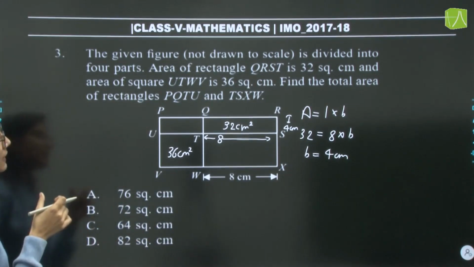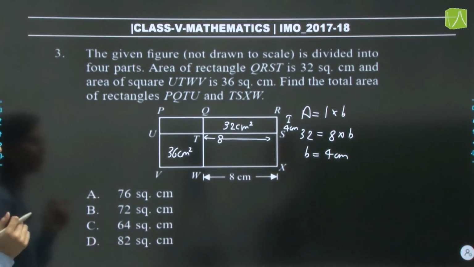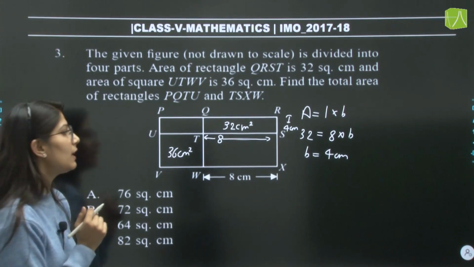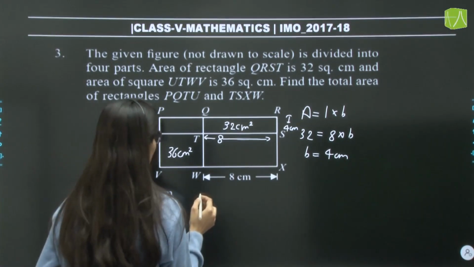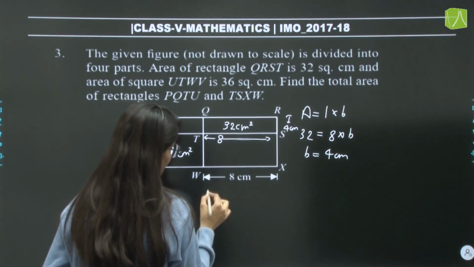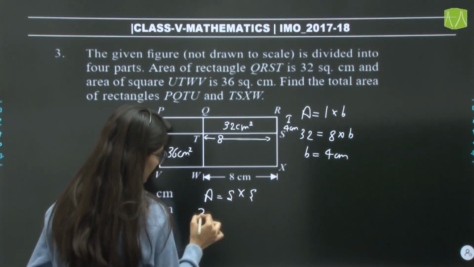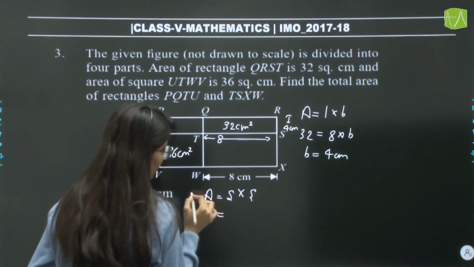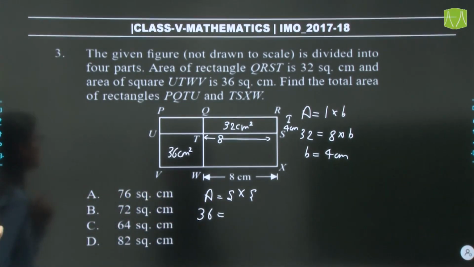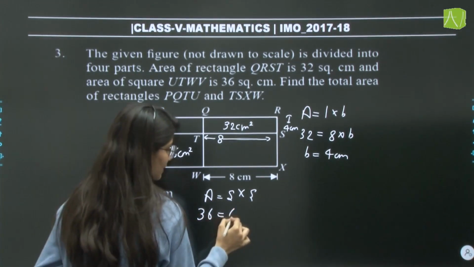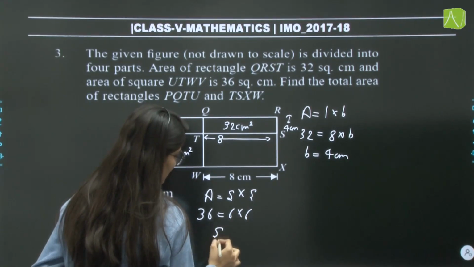Now using this area of square UTWV, this is 36 centimeter square, we can find out the side of square UTWV. We know that the area of square is side into side, and the area is 36. So we know that when you multiply 6 into 6, side will be 6. So side of this square is 6 centimeter.